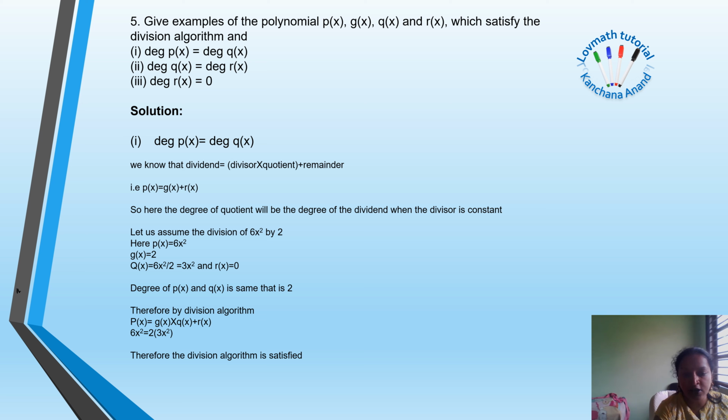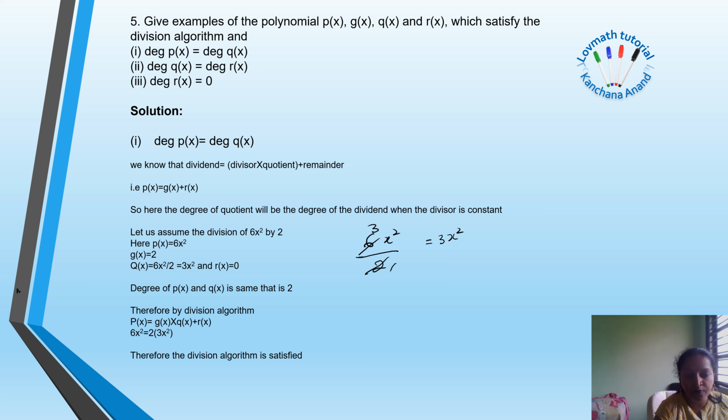So here the degree of the quotient will be the degree of the dividend when the divisor is constant. Let us assume the division of 6x square by 2, here p of x is equal to 6x square. When we divide 6x square by 2, we will get 2 1s are 2 and 2 3s are 6.